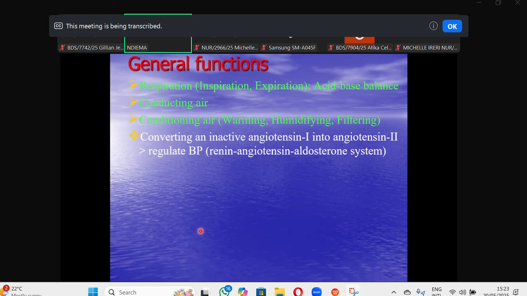We also have non-respiratory functions of the lung. One of them is converting inactive angiotensin 1 into angiotensin 2. Angiotensin 1 is formed from angiotensinogen by cleaving by the enzyme renin.